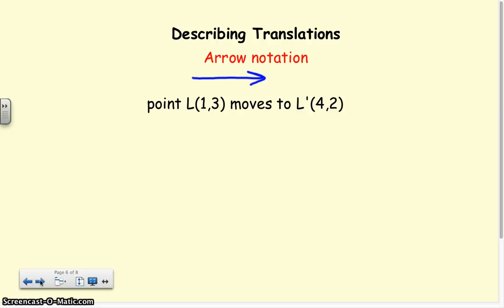It's saying we're translating, we're moving it. If I'm at a point L, which is 1, 3, and I go to 4, 2, I translated L. I call it x, y. We started with an x and we started with a y.